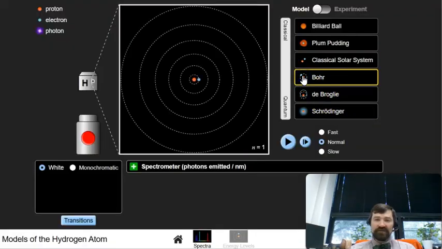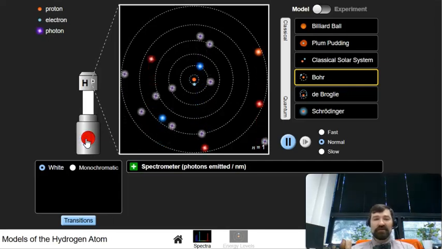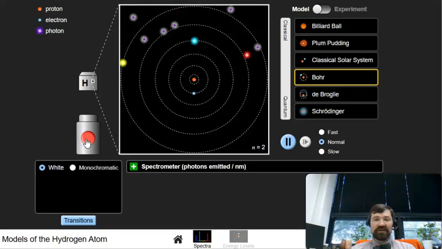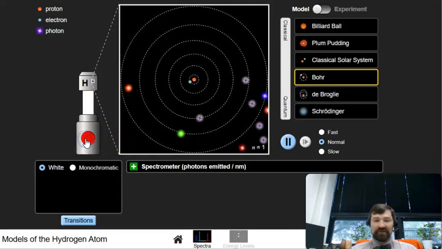And so this simulation actually lets us look at some different changes in these models. So the Bohr model, here you have this single electron rotating about the hydrogen atom. You can maybe excite it to a higher state, and then as it falls to lower states, it emits, which is not a problem there.